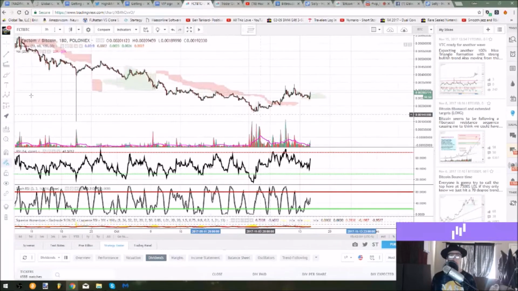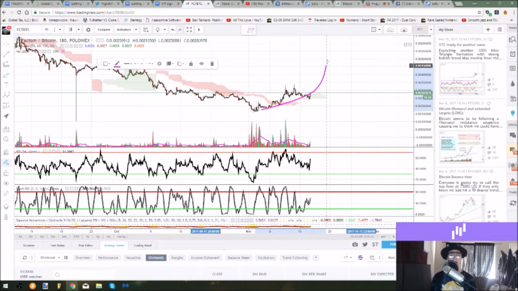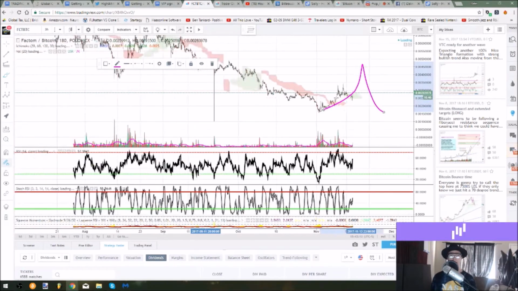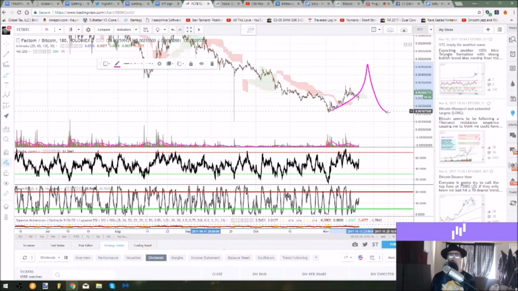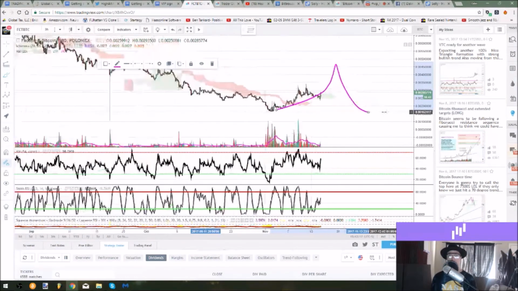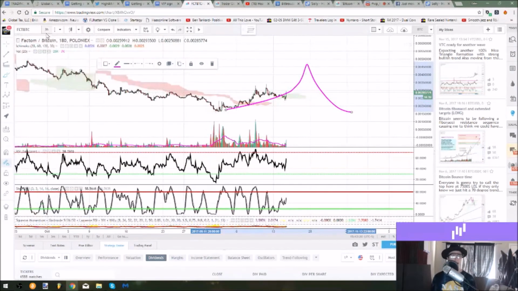All right, so let's look here. This popped up a nice inverse head and shoulders pattern. So this is making that breakout. It's going to come up and then fall back into that buy zone that I gave you guys, back down into the 15K range. So that's where you would want to aim for entries on Factum.